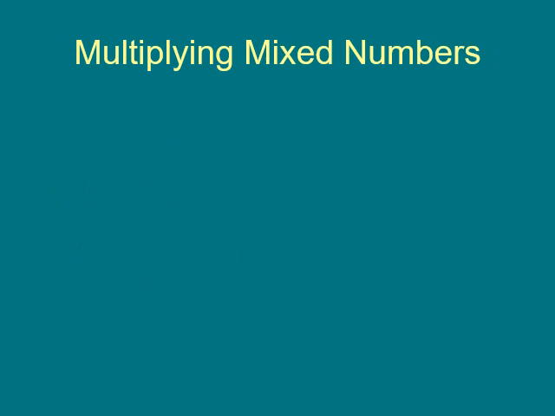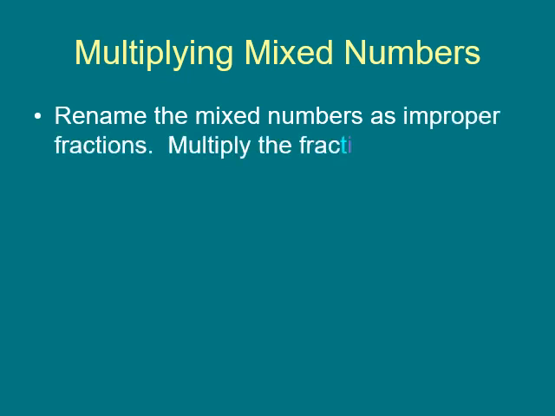Now, how about multiplying mixed numbers? Okay, to a fraction or another mixed number. For an example. Okay, so this is the process. Rename the mixed number as an improper fraction. Multiply the fractions, then simplify.